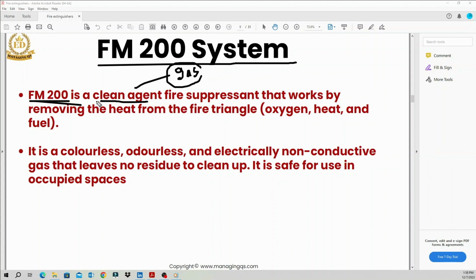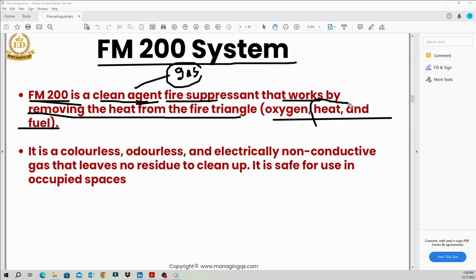FM200 is a clean agent fire suppressant that works by removing the heat from the fire triangle. Okay, so that is a very important key point. We know these 3 make up the fire triangle. So the FM200 system removes the heat from the fire. So that's why the fire will automatically go out. Okay, right. That is the first point.